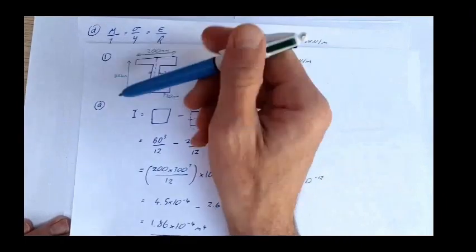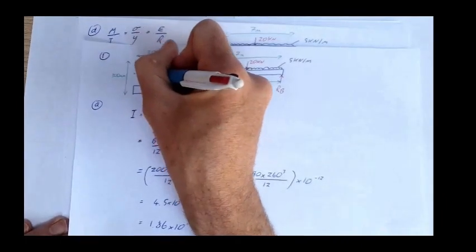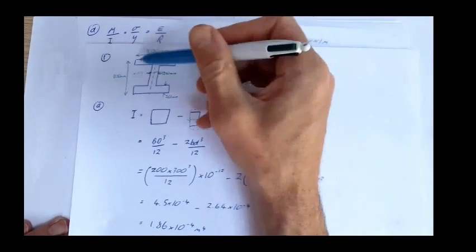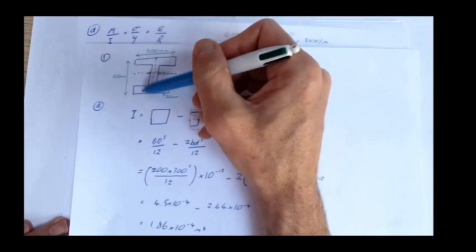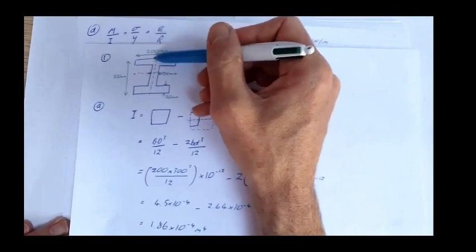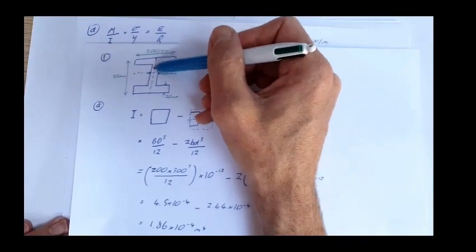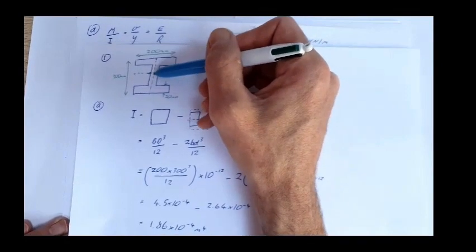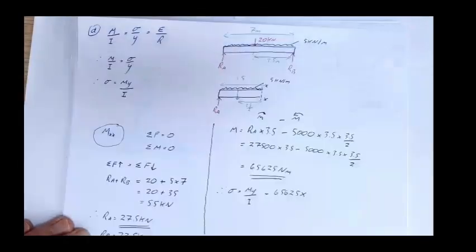If we look at the cross section here, the neutral axis is going to be running through the center. So if it's 300 mil, to the top surface is going to be 150 mil, and to the bottom surface is also 150 mil. So y is 150 millimeters.